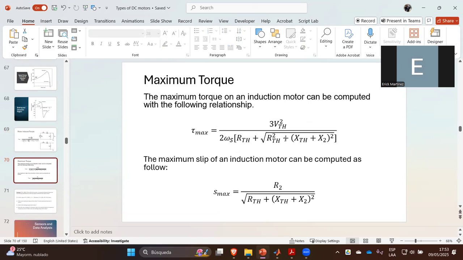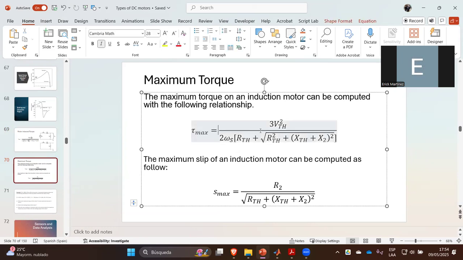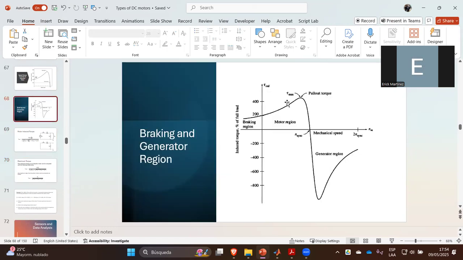For this maximum torque equation, you can see that the slip and also the value of R2 have disappeared. The equation is a little bit simpler, in the sense that we have fewer terms to consider. You can use this equation to compute this maximum point, or pull-out torque.